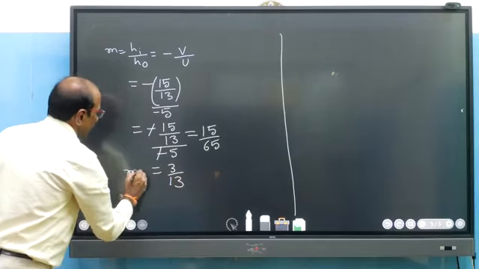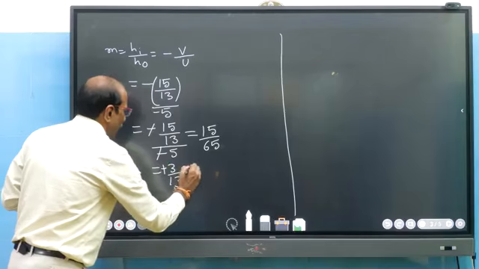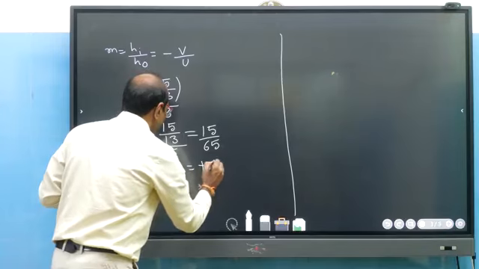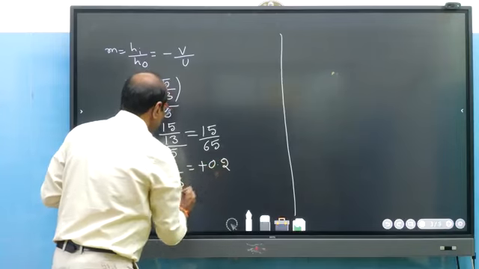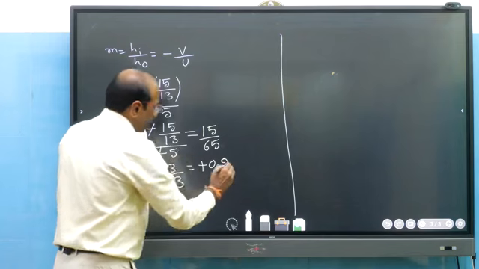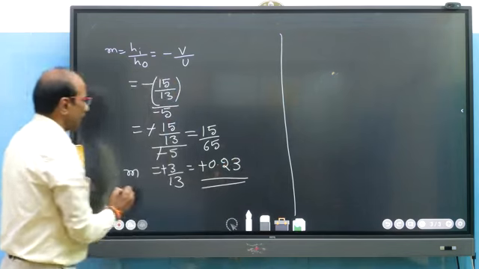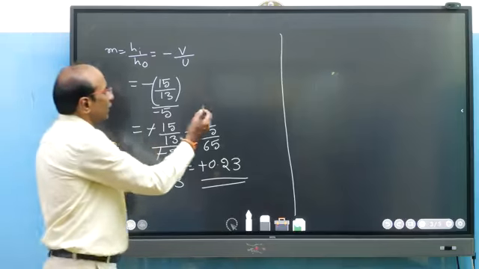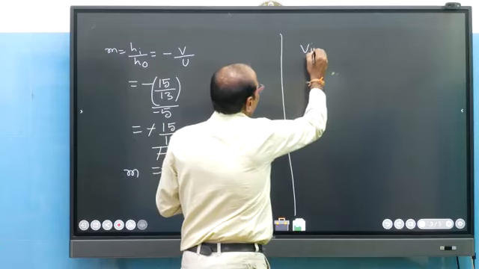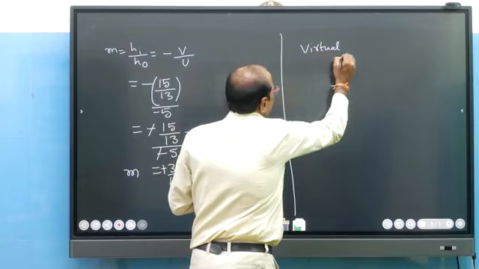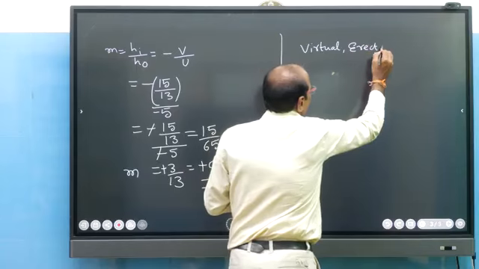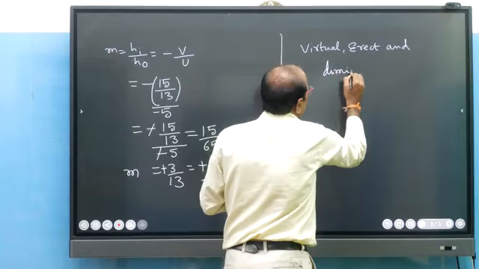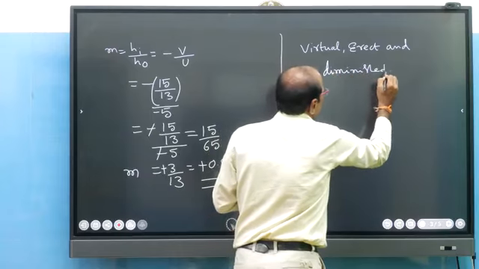So this is the magnification. M equals plus 3 by 13, which is 0.23. So the nature of the image is virtual, erect and diminished image.